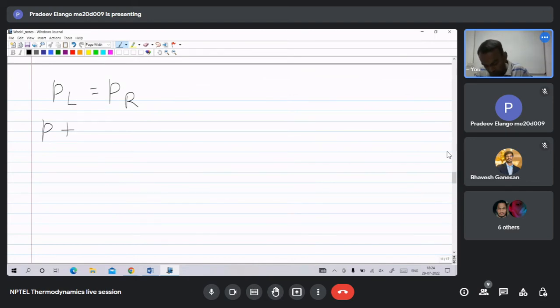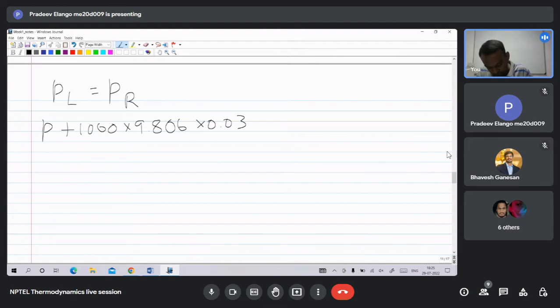Since it is water we take rho to be 1000, and G is 9.806, and H is 3 centimeters, which is 0.03 meters.